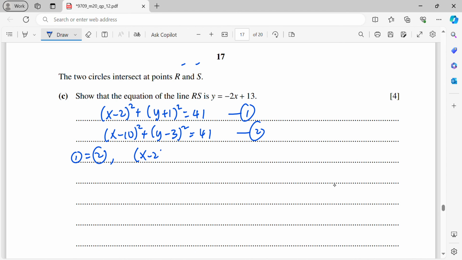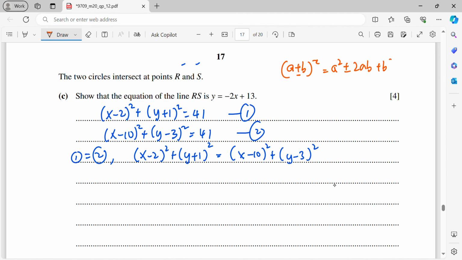So (x - 2)² + (y + 1)² equals (x - 10)² + (y - 3)². And now we do expansion. Use this formula: (a ± b)² equals a² ± 2ab + b².